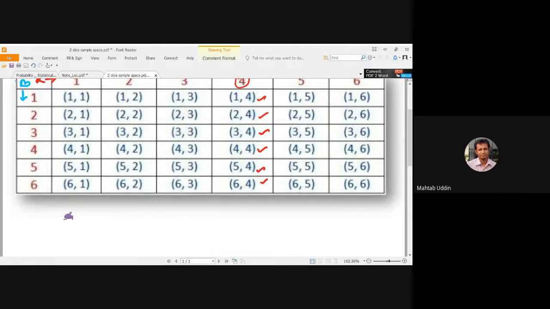Can you tell me? P of A is what? 6 by 36. Am I right? Yes, sir. You can write first n of S equal to 36, n of A equal to 6.